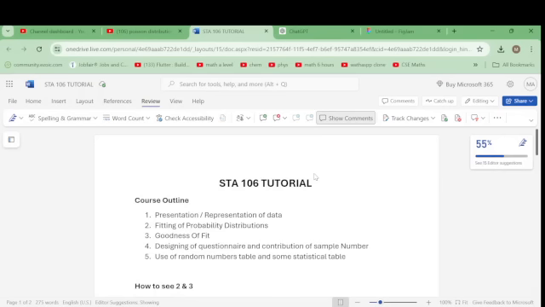You can just go through it again. That's not the main thing. I'm not sure the man even treated it in his notes. But let's go straight to fitting of probability distribution and goodness of fit.